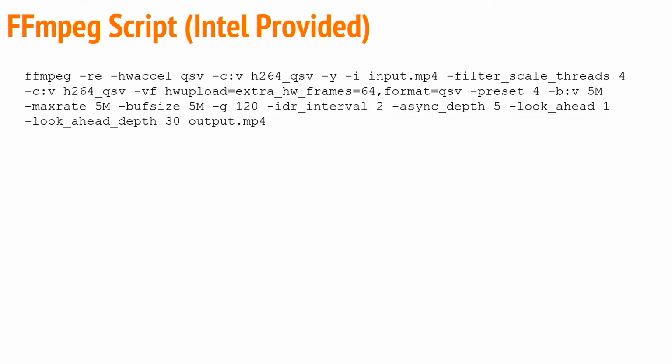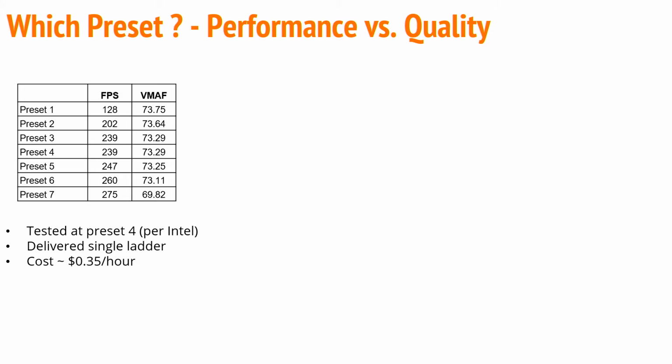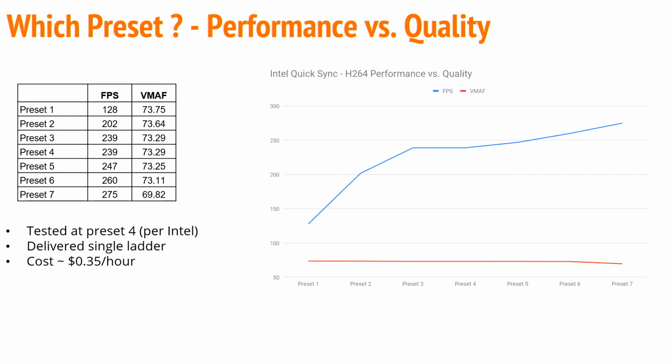Here's the Intel script that we started with, and this was given to us by Intel. And they had a bunch of different presets. They didn't recommend which one we used. So we ran through with the test file, how many frames per second do we get with each preset, and what's the VMAF score? And this is what this plots out like.